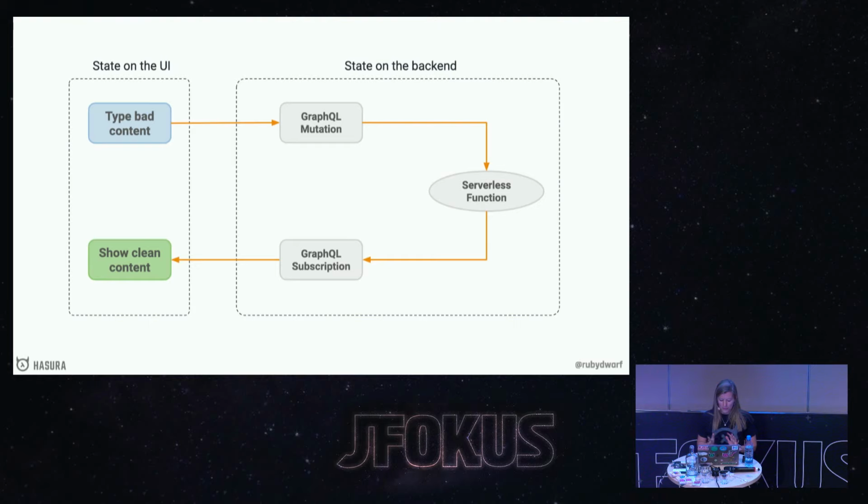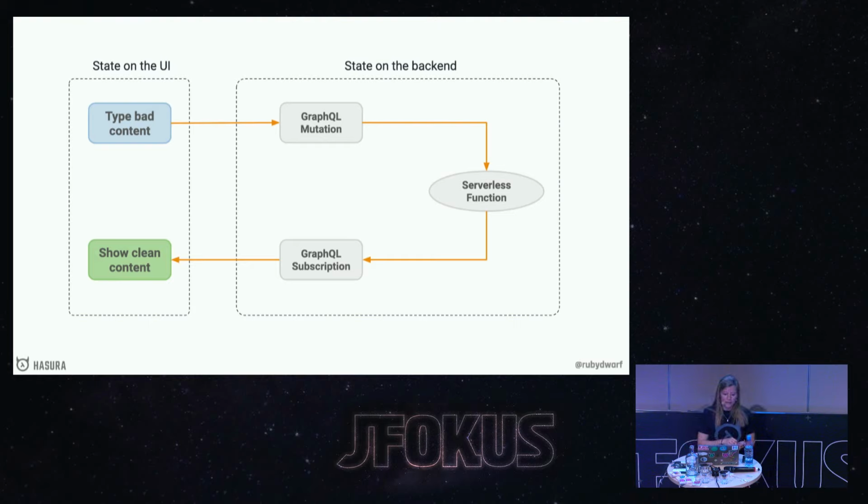This is how the structure will look. So let's say somebody types some potentially bad content. Then we'll do a GraphQL mutation, which means we add this content, as it is bad, into the database. Then we trigger a serverless function that goes through this content and checks if there are bad words in it, and updates the tweet with a sanitized version, again with a GraphQL mutation.